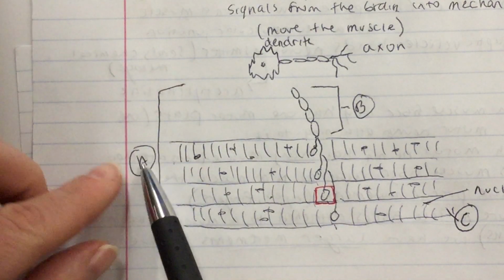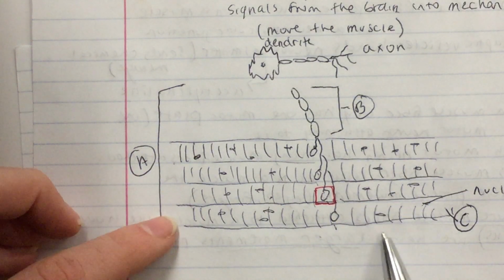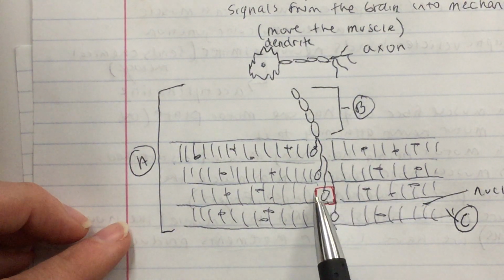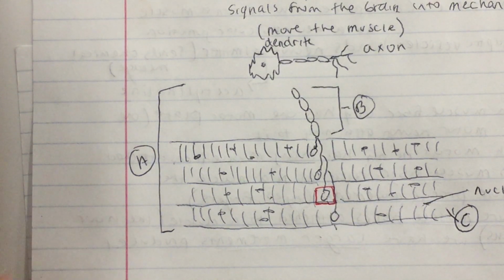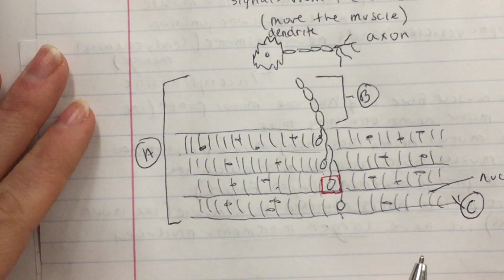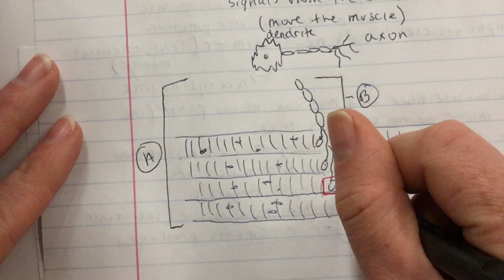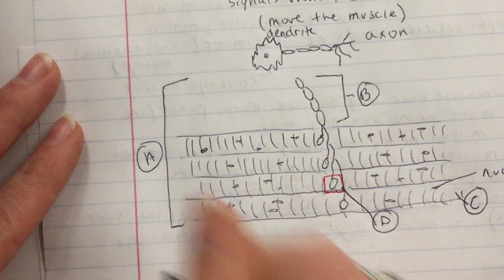So we have our motor unit, which has the entire motor neuron, all the muscle fibers it connects to, but the neuromuscular junction is one little branch of that axon and the one muscle fiber it connects to. So it's a very small piece. Again, a junction is where 2 things meet, so it's really that direct meeting spot of these 2 different types of tissue. So I'm going to label this D. And we'll write that down here.